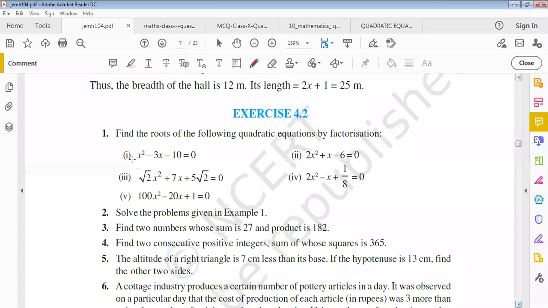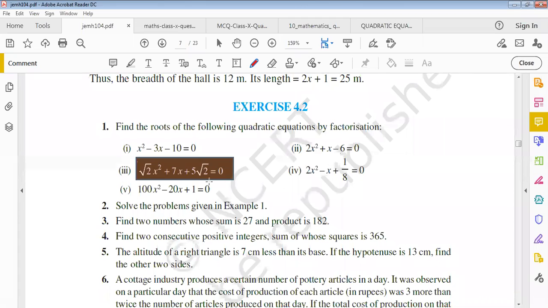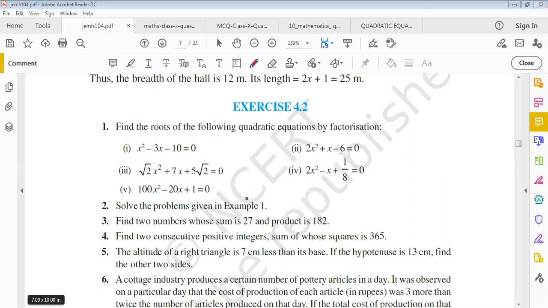Now, can you do it and tell me the answer to this question? Can you do it now? Third question. Do the question root 2 x square plus 7x plus 5 root 2, please.